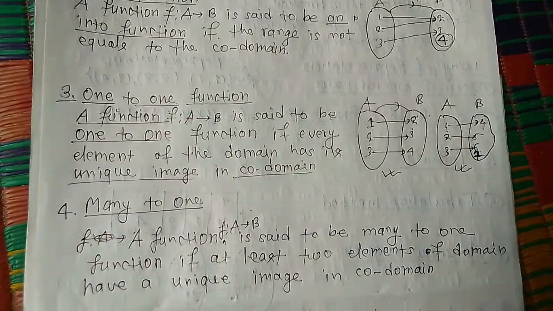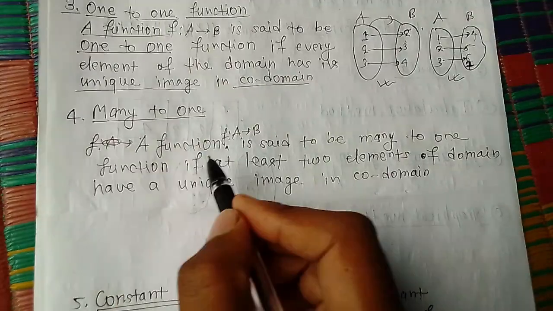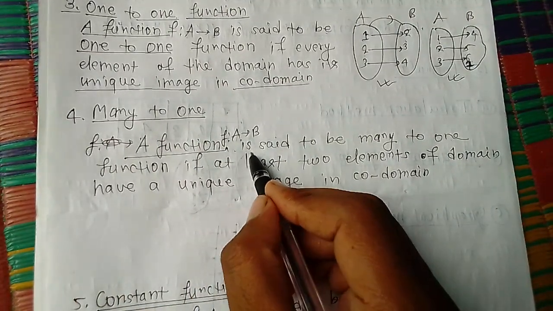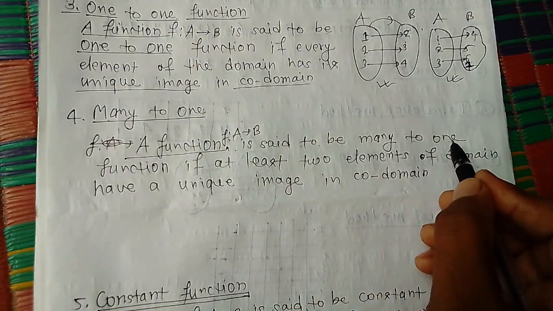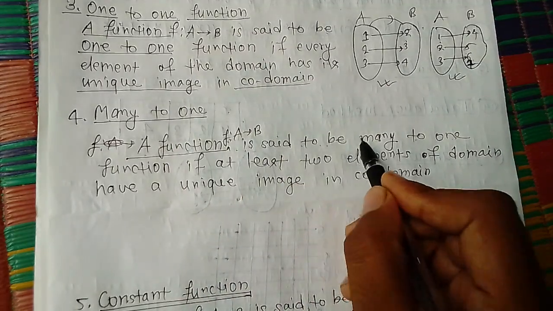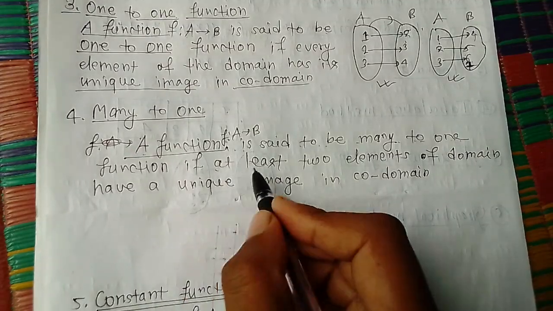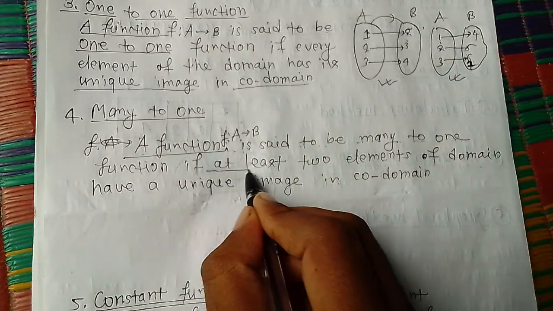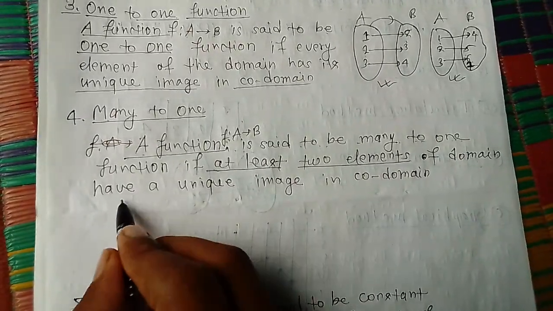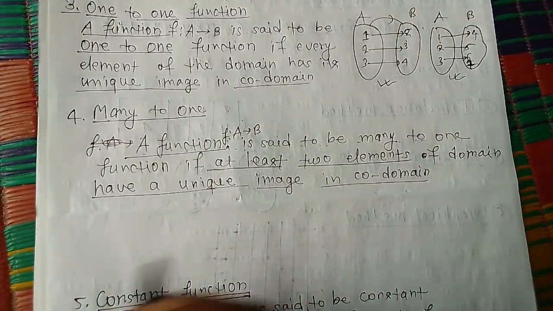Now again, the many-to-one function. A function f from A to B is said to be a many-to-one function if at least two elements of the domain have the same image in the codomain.